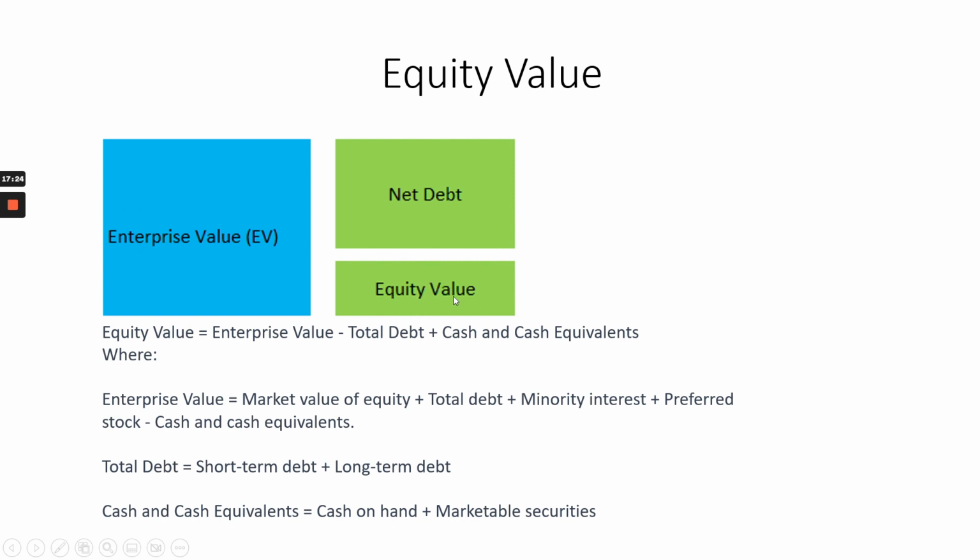Our equity value is our enterprise value minus total debt plus cash and cash equivalents, where the enterprise value would be market value of equity plus total debt plus minority interest plus preferred stock minus cash and cash equivalents. Our total debt is our short-term debt plus long-term debt, and cash and cash equivalents is our cash on hand plus marketable securities.